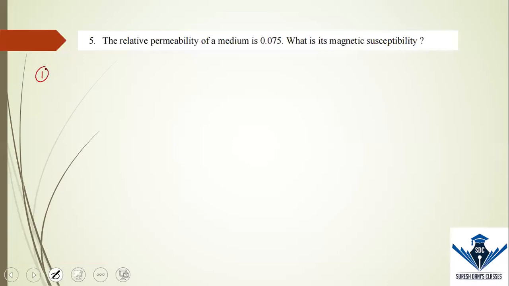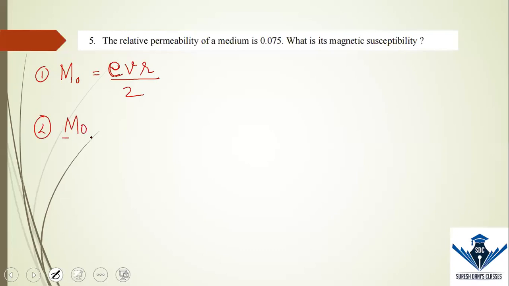So if you look at the formula for the magnetic moment of a revolving electron, magnetic moment of a revolving electron is eVR by 2, right? Second, what is the gyromagnetic ratio?